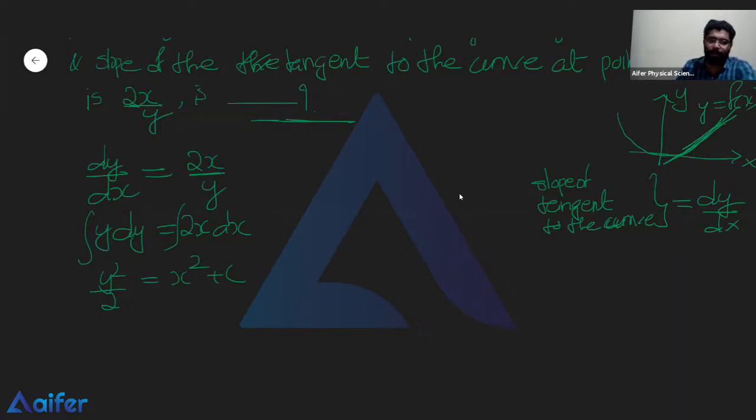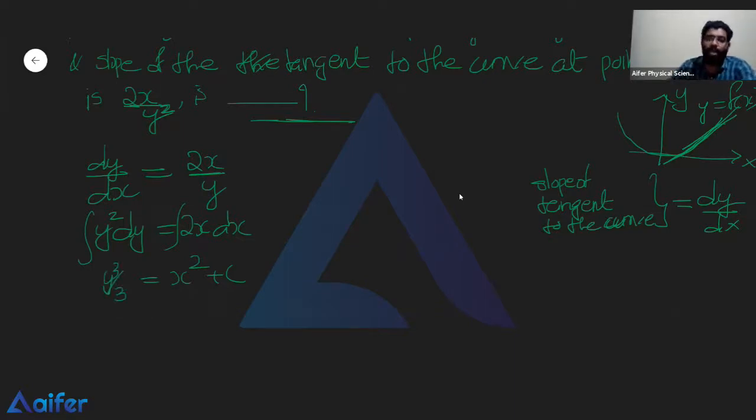I'm sorry, in this question it is 2x by y square, not just y. So upon integration, I get y³/3 = 2x²/2, that is x², plus some constant c.